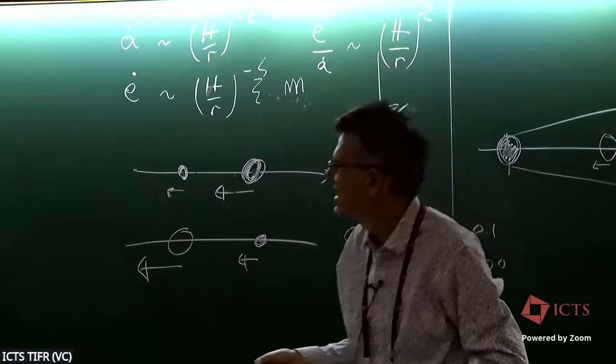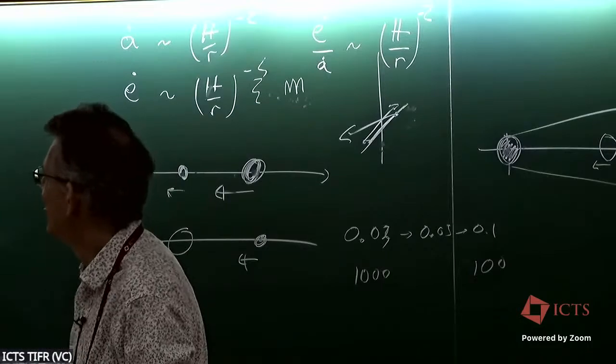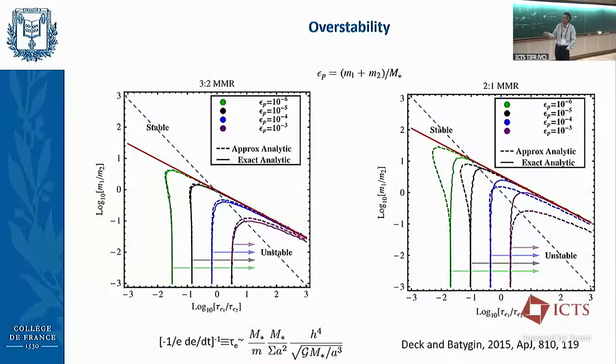In that case, the planets have to be on this diagonal because the ratio of eccentricity damping is anticorrelated with the mass of the planet. But in a disk that is strongly non-uniform, then you can have different. In most cases, you are on this line.